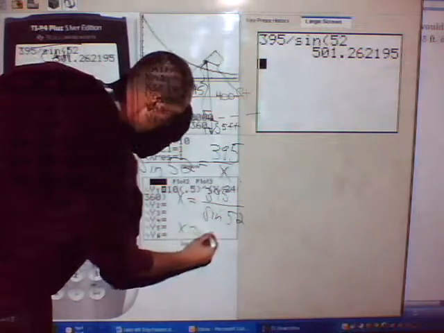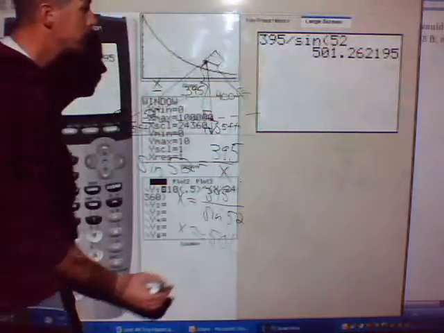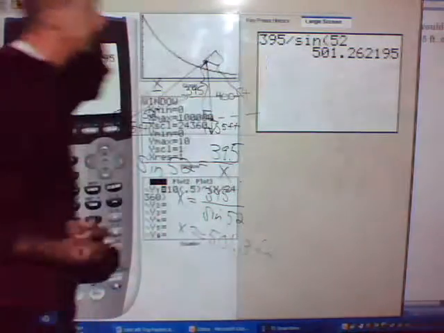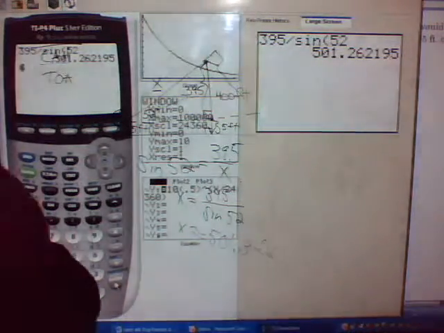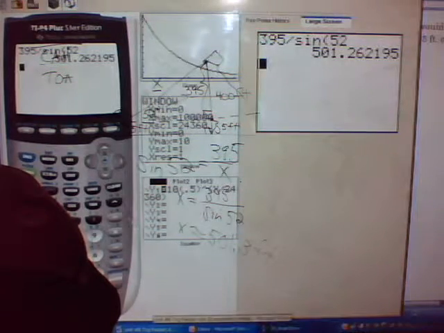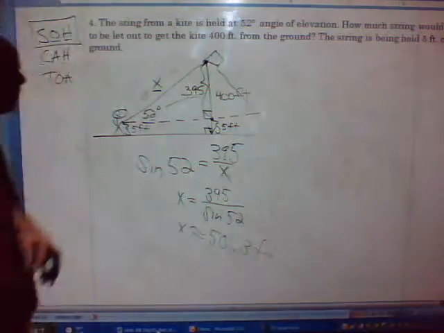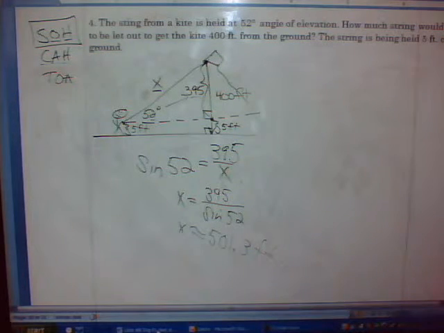So x is approximately 501.3 feet. Does that make sense? Well, we know it has to be more than 395, so that appears to be correct.